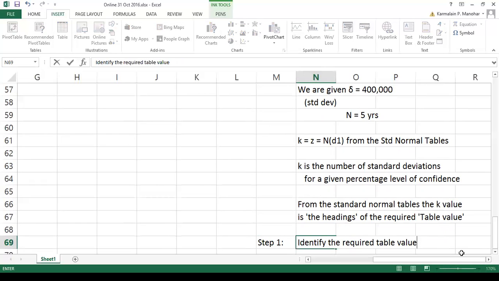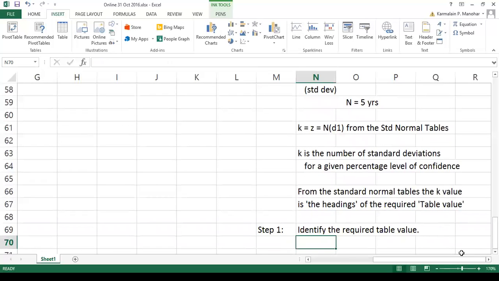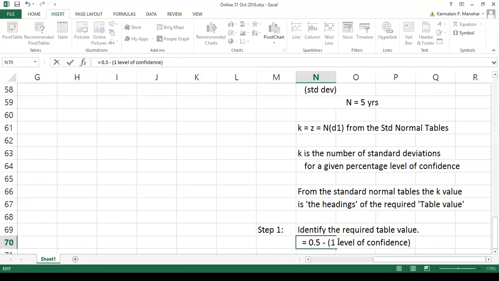To do this, I could say that is equal to 0.5 minus open brackets 1 minus the level of confidence.